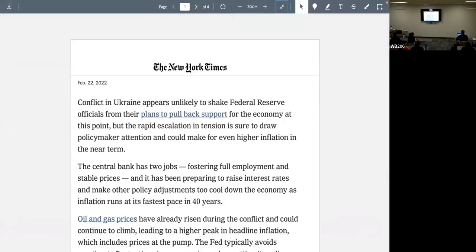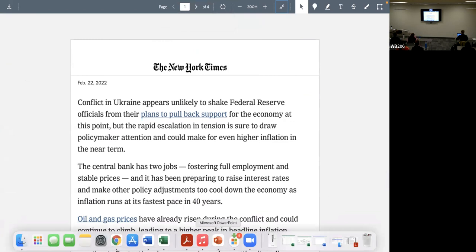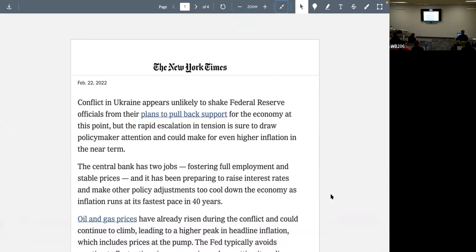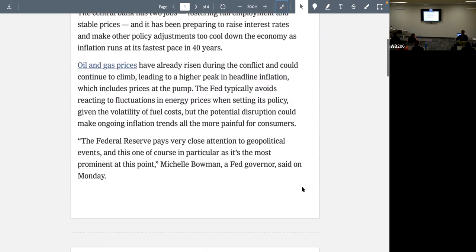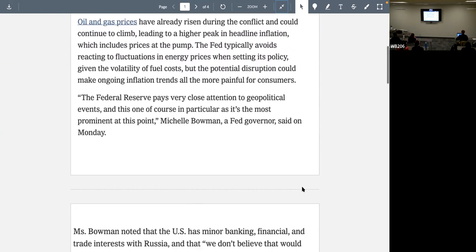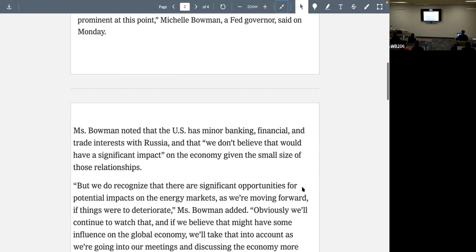So basically, because inflation has been running pretty high lately, I think at the fastest rate in 40 years, there are indications that the Fed will increase its interest rates next month. With the tensions between Russia and Ukraine, it doesn't appear that that's going to change the Fed's plans to increase interest rates. However, these tensions could lead to higher inflation.